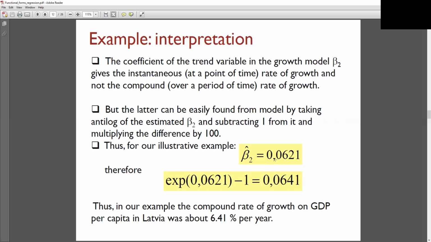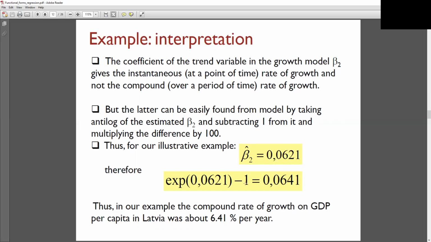If beta 2 is 0.0621, you take the anti-log of it. As I told you in the previous slide, we can take the anti-log of a natural log by using exp in Excel, then 0.0621. This will give you the anti-log, right?